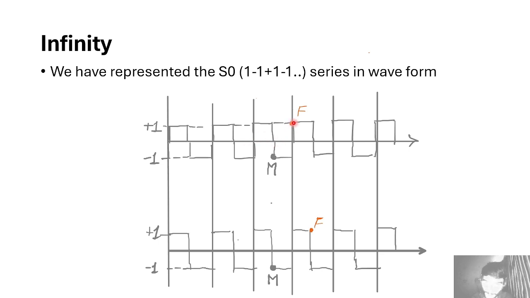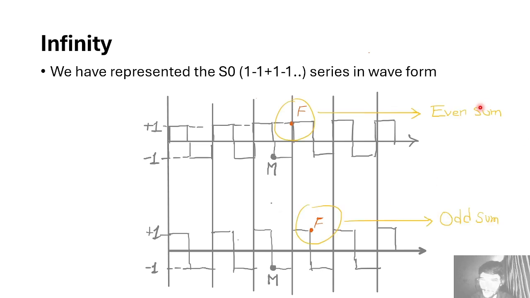Here F represents the marker for Frank, M for me, right? And similarly, down there is also the same wave actually. For it, the F marker lies one step ahead and M is here, right? Now in this case, the F here will lead to the even sum because it is at an even step, and the even sum leads me to 0, right?